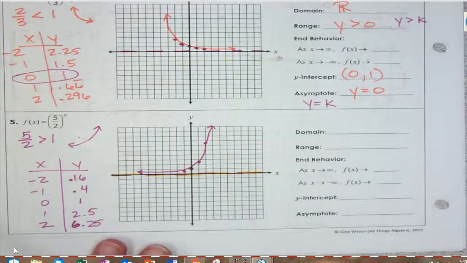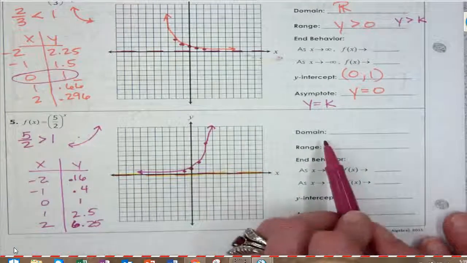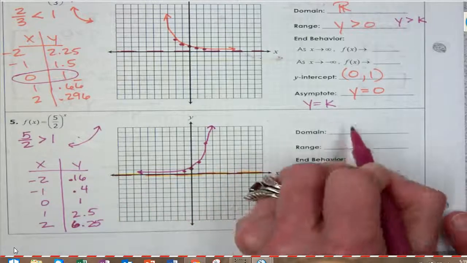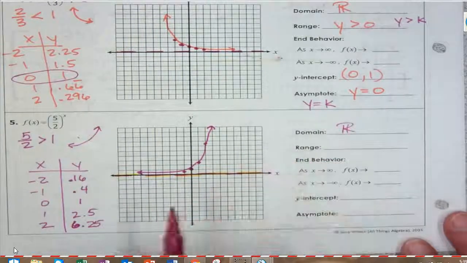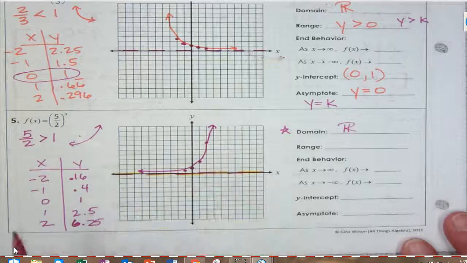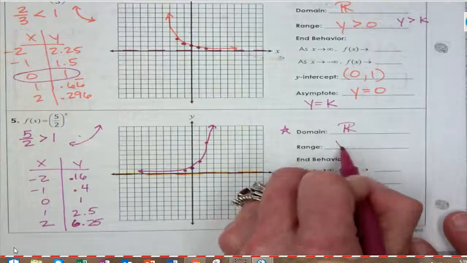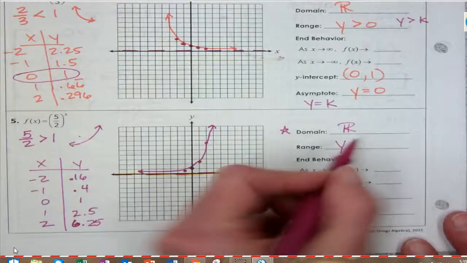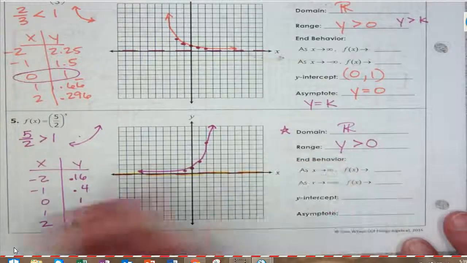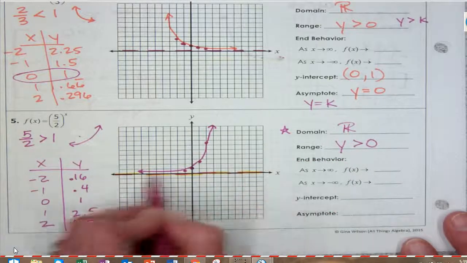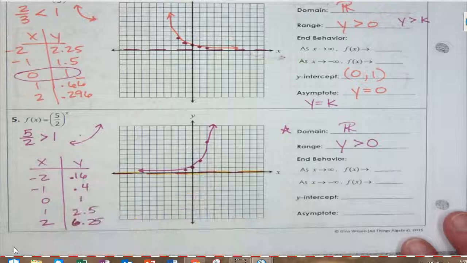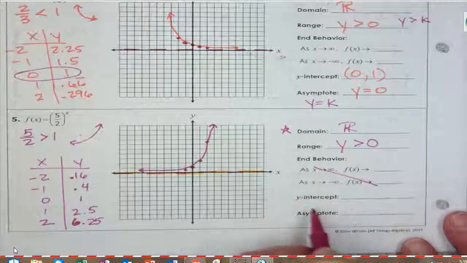Now the thinking begins. So, my domain, there's no restrictions. It's all real numbers. You should be able to get that answer. My range is going to be y is bigger than 0. 0 is the border, everything above. We don't worry about that.